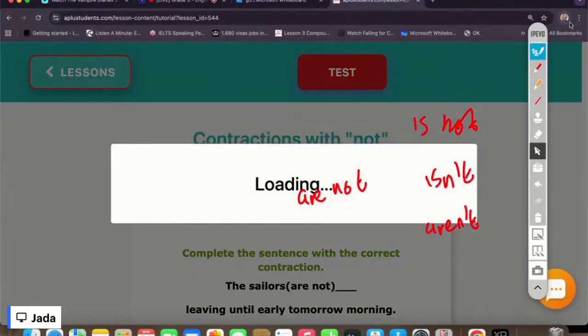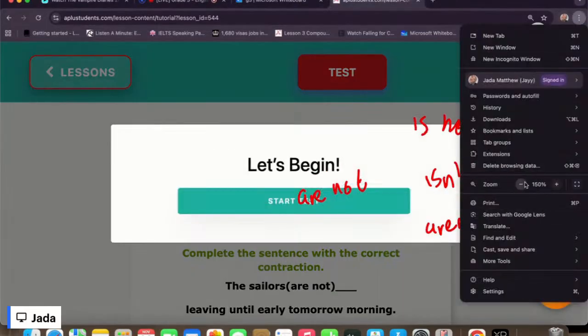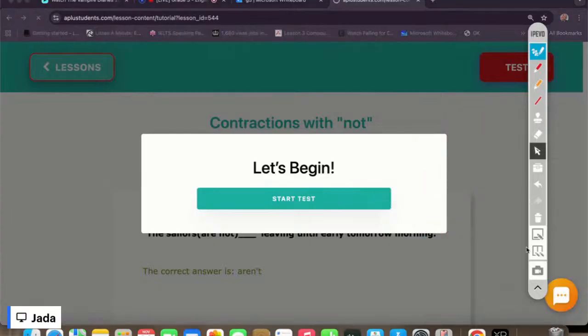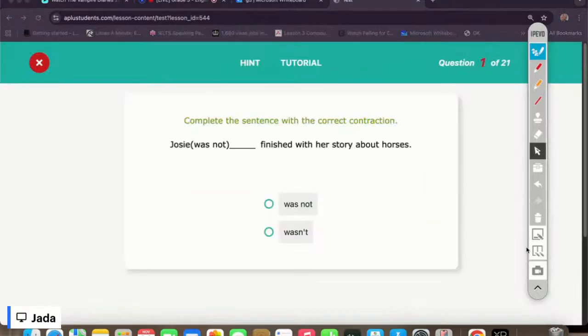Now let's go to the test and you can just share your answers with me, okay? So complete the sentence with the correct contraction. Josie was not finished with her story about horses. First or second?